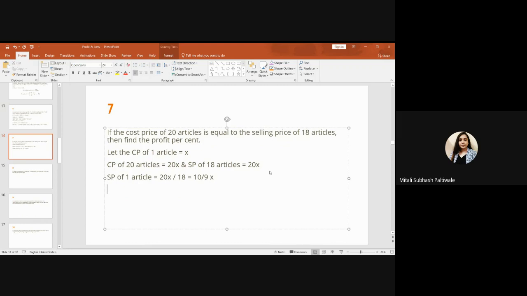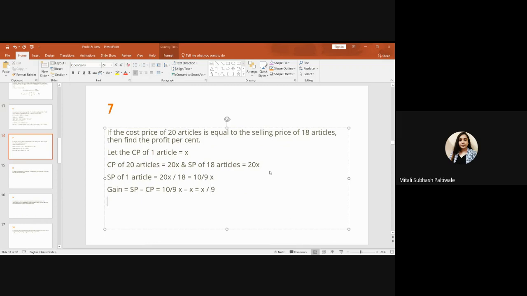Now profit. Let's find the gain. How much gain was there? SP minus CP, which is equal to 10 by 9 x minus x. This would become x by 9. Why x by 9? Just because of the cross multiplication we have done.